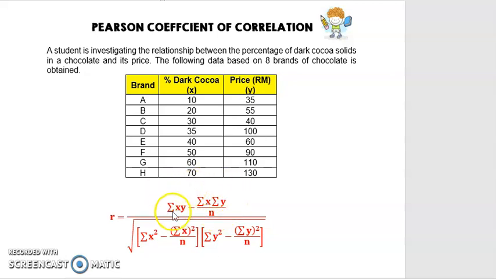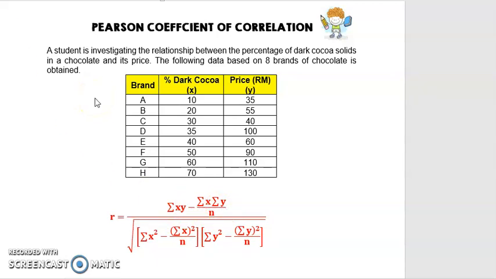The numerator part we call the covariance of x and y. Then divide by the square root of the summation of x squared minus the summation of x, squared, divided by n, then multiply by the summation of y squared minus the summation of y, squared, divided by n. Notice that we have variable x and variable y.